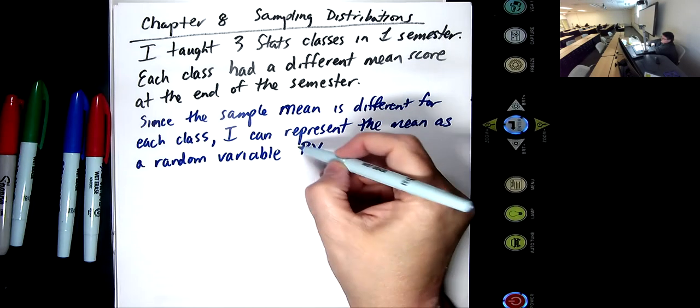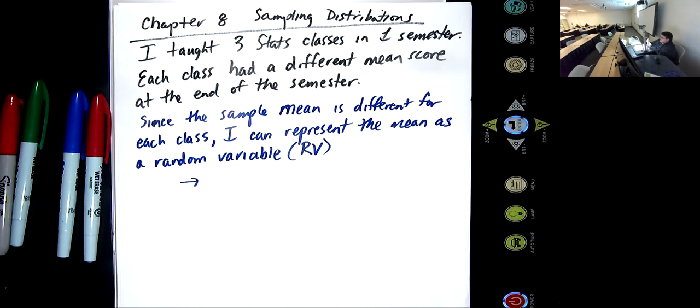Which means it has its own probability distribution.